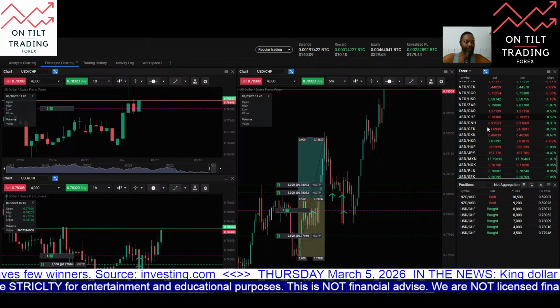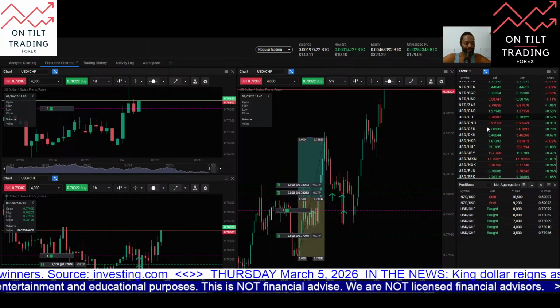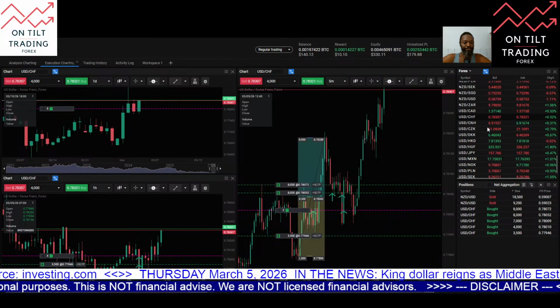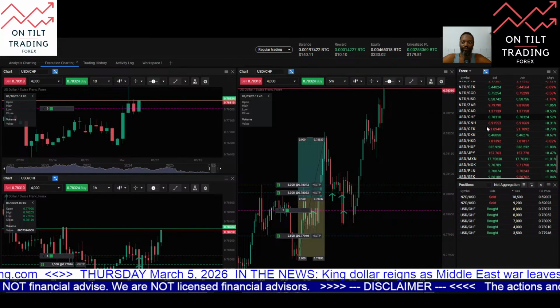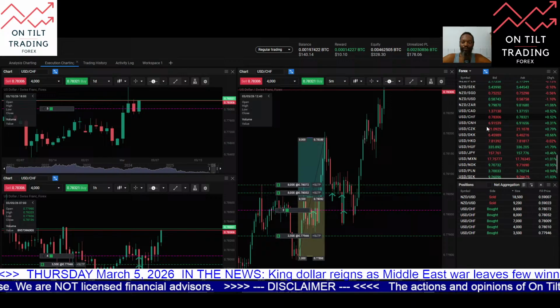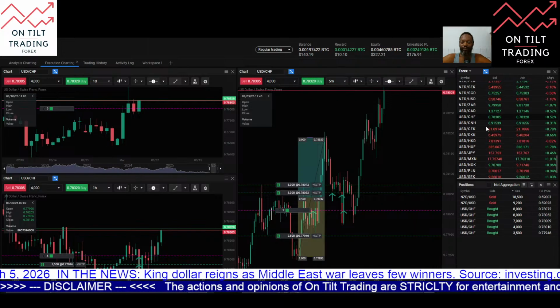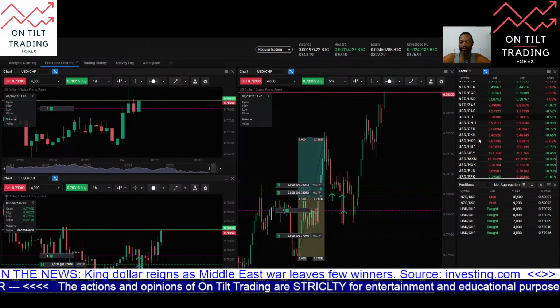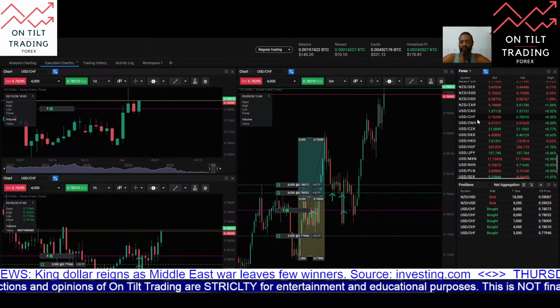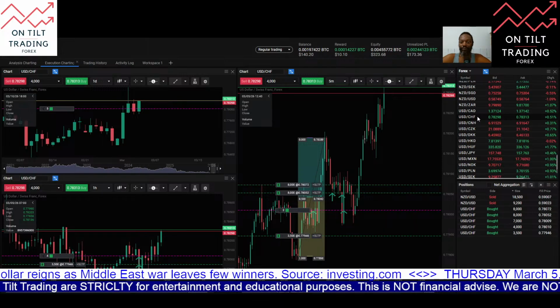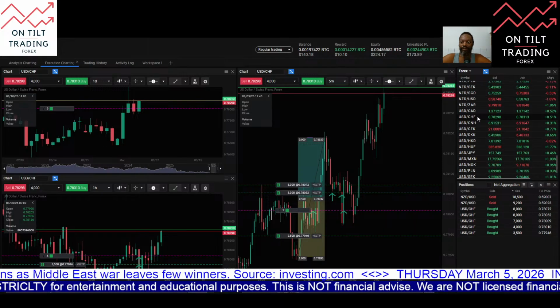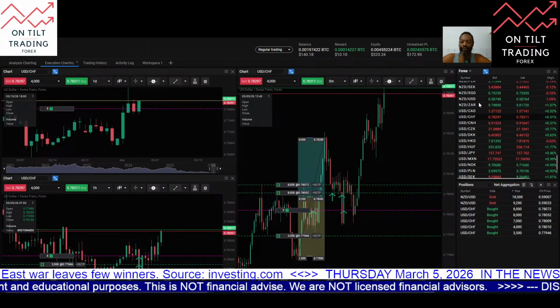Seeing buy side delivery here. Price still consolidating here at the 78,300 level.